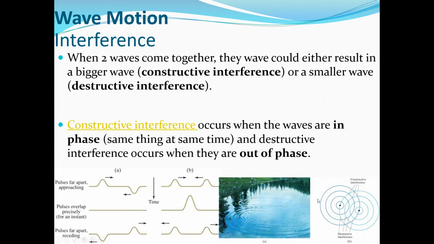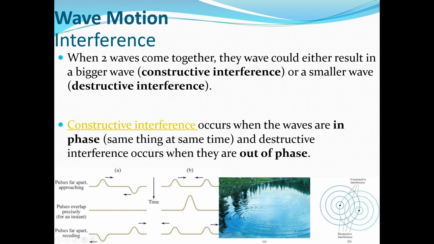Now, this is a perfect example. It's really hard to see this at the moment, but the basic idea is, and you can see this for yourself, when you go into water and create two sources of ripples, essentially, like you take your hand and try to make a very consistent disturbance in the water to make little tiny waves rippling out like this.